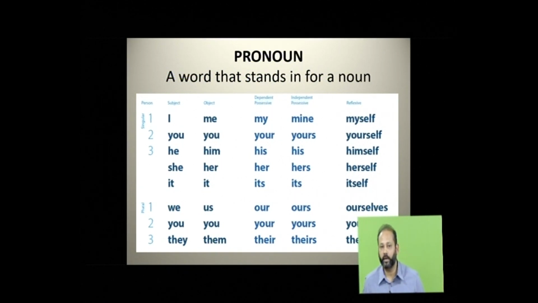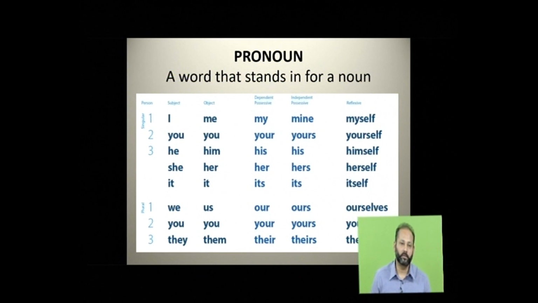Then mine, independent possessive. Then reflexive, where they always end with self. There is always self at the back of that pronoun. So myself. When we talk about the second person singular pronoun, then you in the subject, you in the object as well. Then your, yours, yourself.